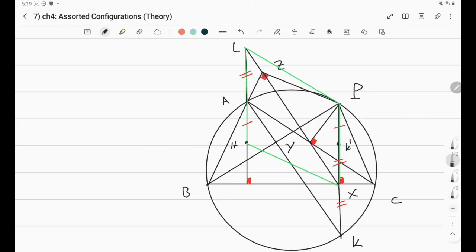Very nice. Okay, so right now, what do we get from this fact? So let me just erase these. Since we got this parallelogram, we can now draw the diagonals. As you can see, the first diagonal is just the Simpson line itself, and the other one is this one here. So let me draw it in blue.